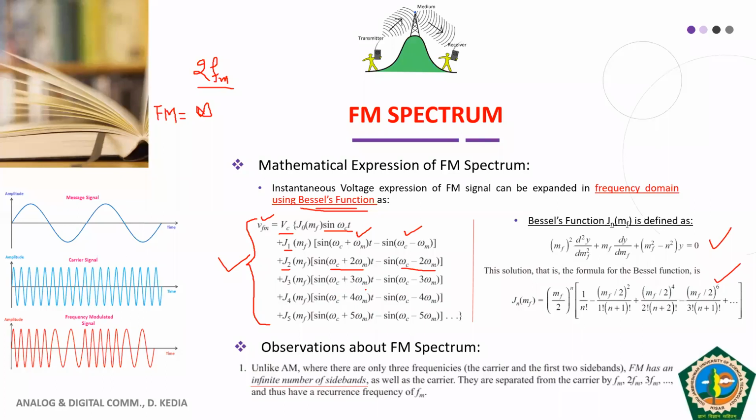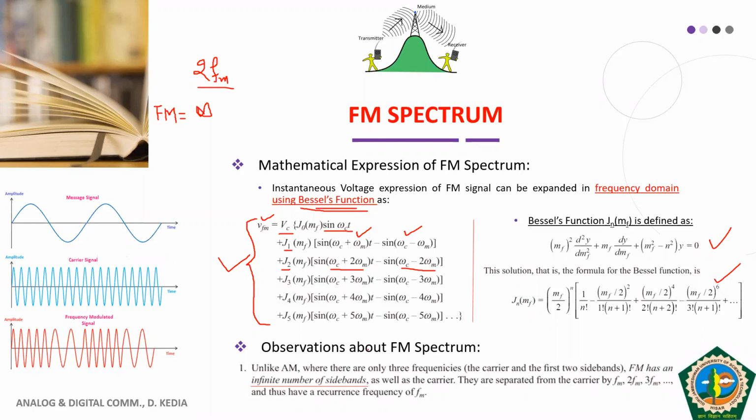Similarly, we have omega c plus minus 3 omega m, omega c plus minus 4 omega m, omega c plus minus 5 omega m, meaning the Bessel coefficients appear in terms of harmonics of the modulating signal frequency, which is represented in the form of sidebands with respect to the carrier.